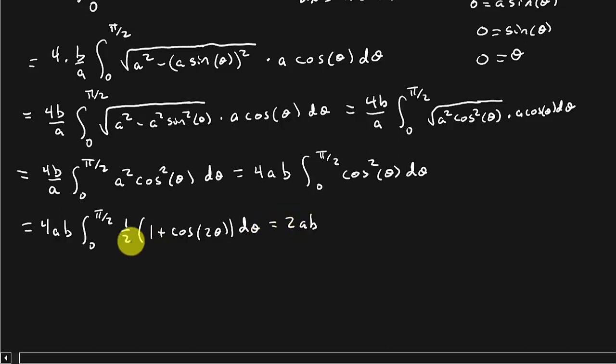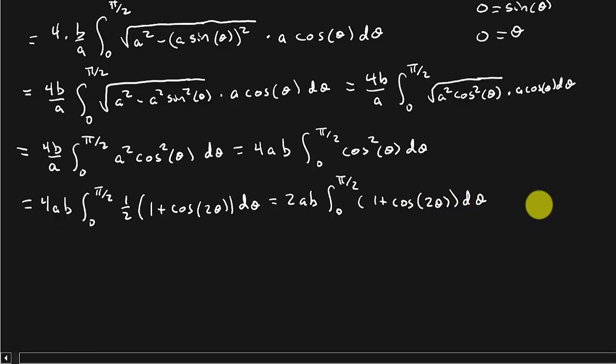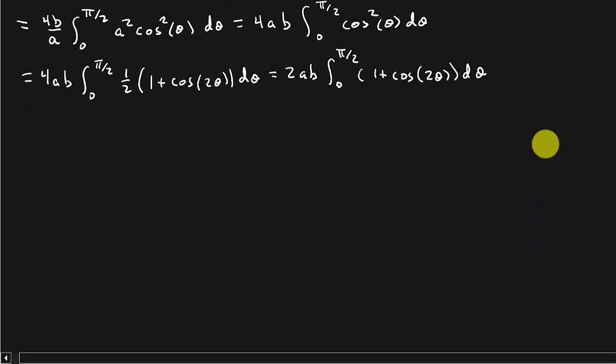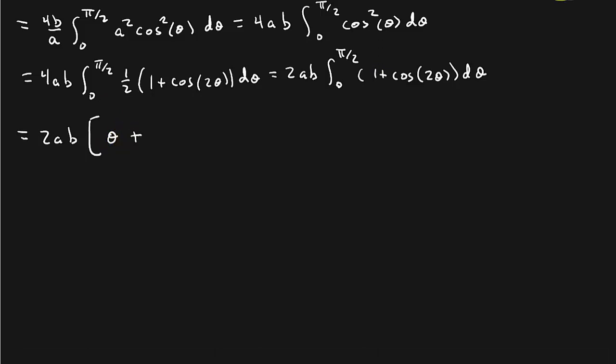This gives me 2ab. I'm going to bring out the 1/2; 4 times 1/2 is 2, that's where the 2 comes from. 0 to pi over 2 of 1 plus cosine 2 theta d theta. Now we're ready to integrate 2ab times the antiderivative of 1, which is theta, plus the integral of cosine 2 theta.